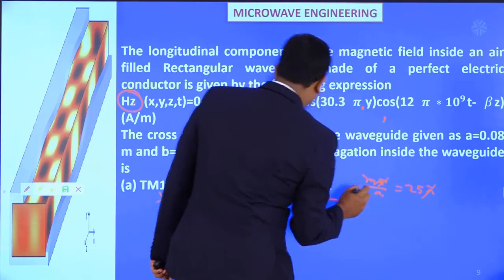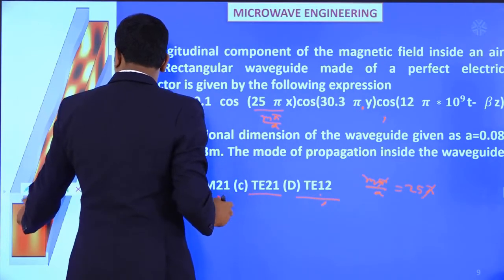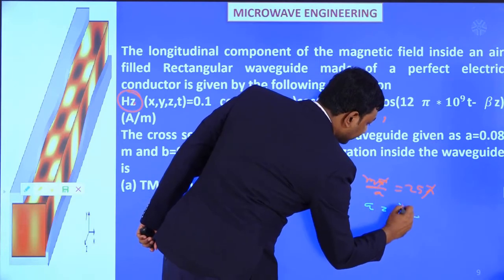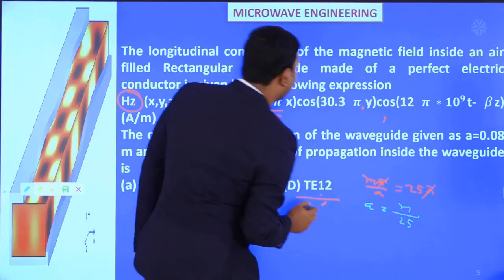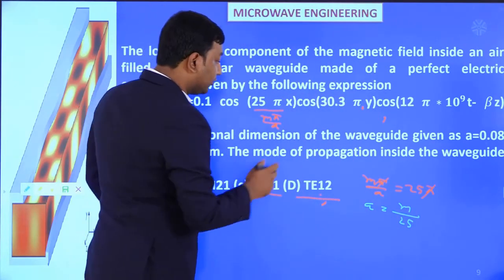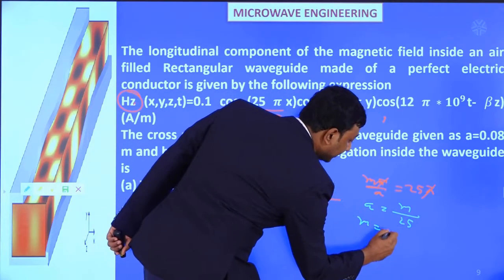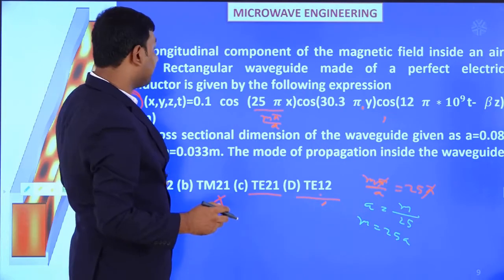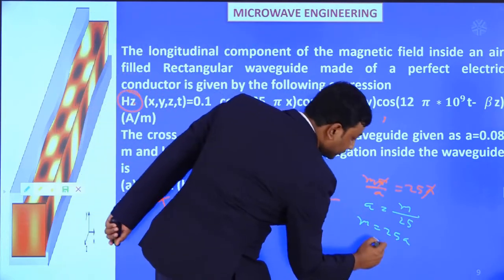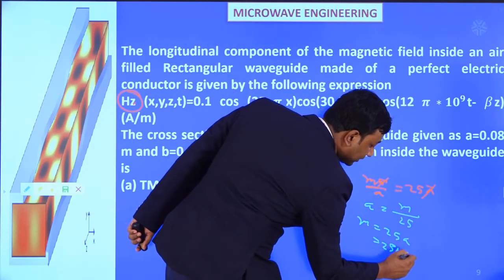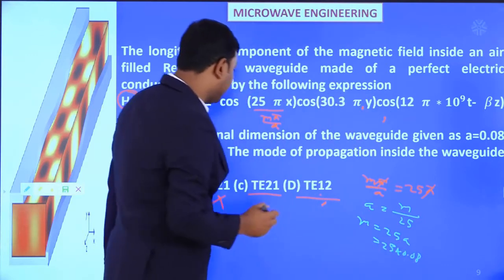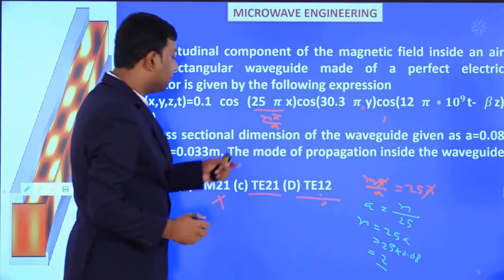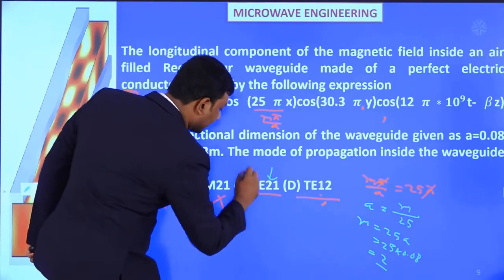So pi we can cancel and we can write A equal to m by 25. So m equal to 25A. A value is given, A value is 0.08. So 25 into 0.08. Okay. So the value of m will be 2. So from m is 2, the answer will be direct this one.